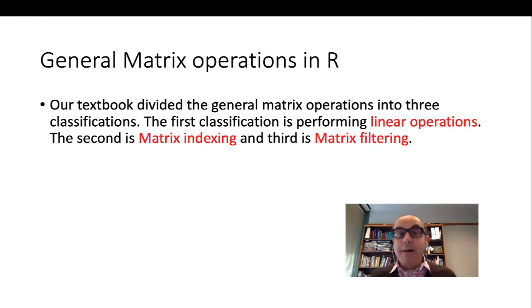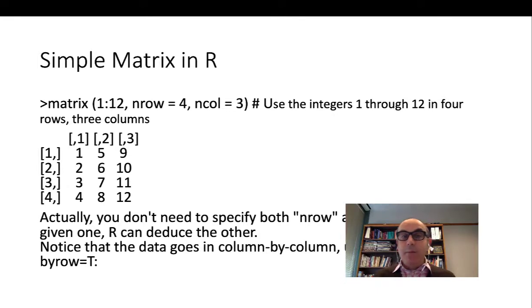So the general matrix operation in R. In our textbook, it divides the general matrix operation into three classifications. The first is the linear operation, the second is matrix indexing, and the third is matrix filtering. The simple matrix in R, as I showed you before, is again the idea of sorting the data, deciding the number of rows that you want to have, the number of columns you want to have, and sorting it.